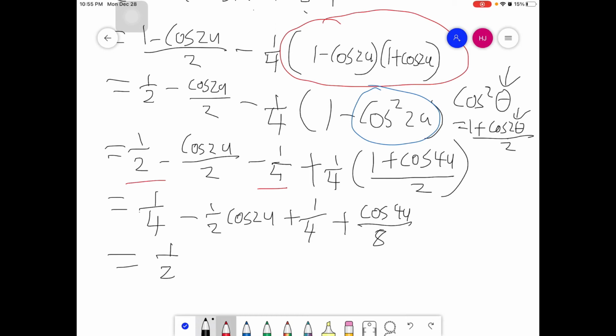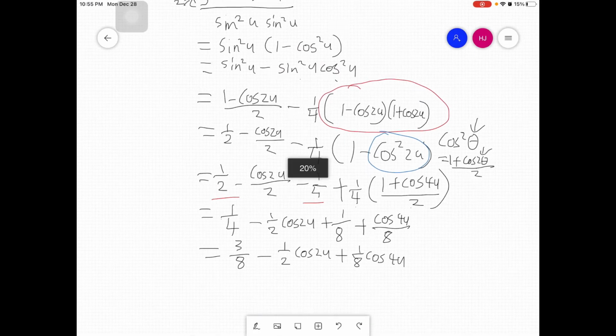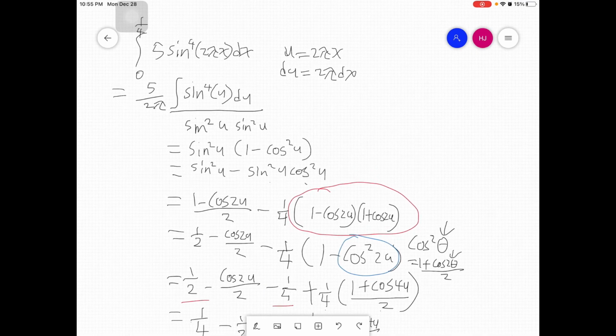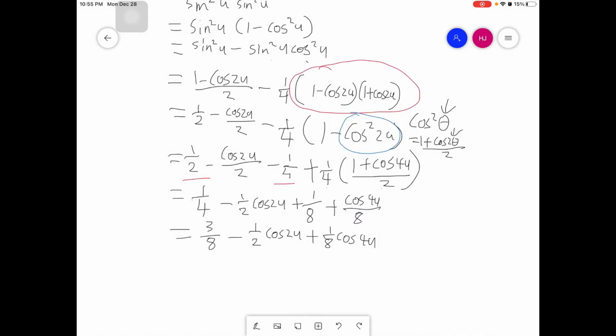No, that should be 1/8. This is 1/4 times a half, so that would be 3 over 8 minus 1/2 cosine 2u plus 1/8 cosine 4u. So this is the simplification of sine to the 4th u.